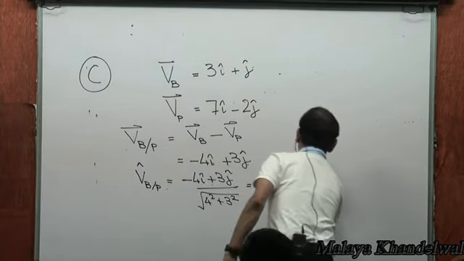Frictional force will act in a direction opposite to this. Right? A unit vector in the direction of frictional force, suppose you call it d cap, would be the negative of a unit vector in the direction of relative motion.